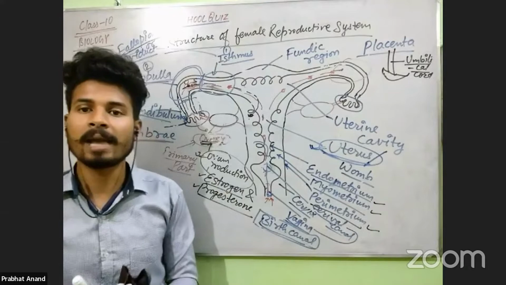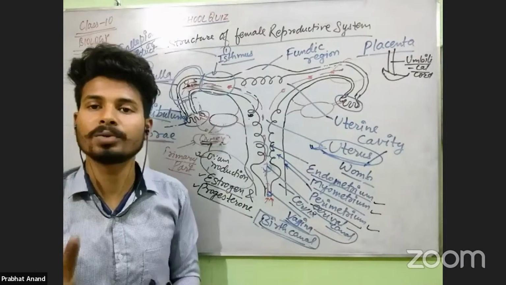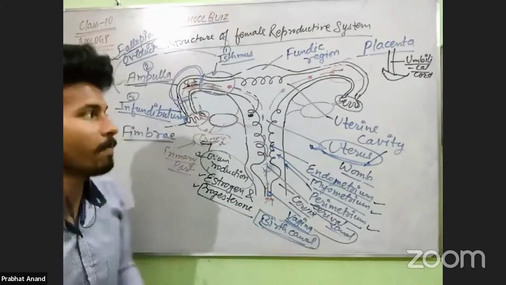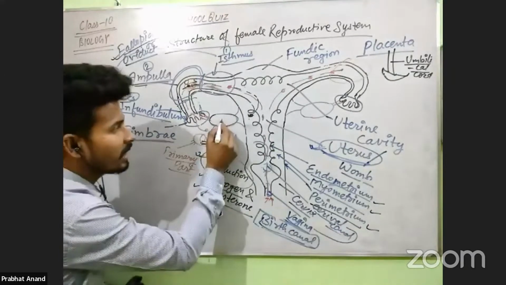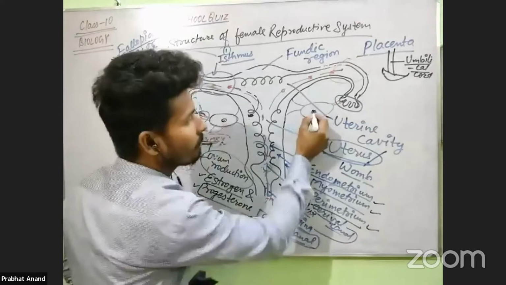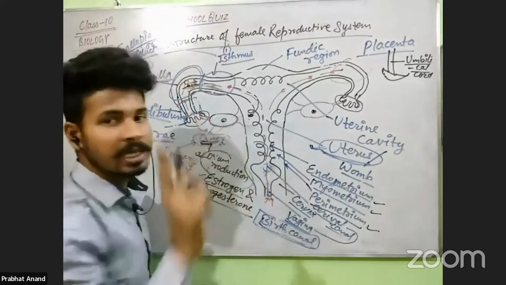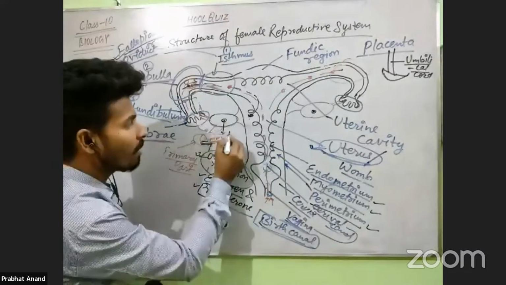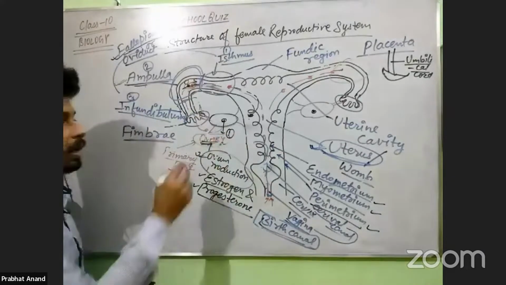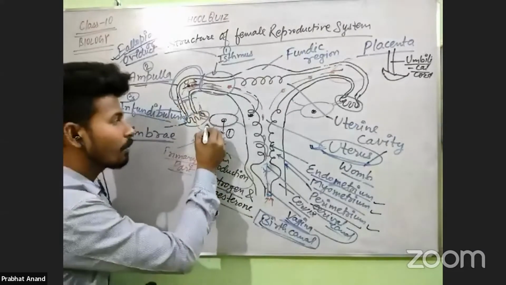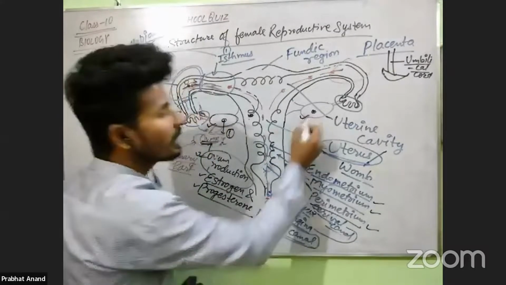In a single time only one ovary can produce an ovum. Please keep it in mind that if this ovary is working, this ovary will not work. Okay, so in a single time only one ovum can be produced, secreted out either from the left side or from the right side. Is it clear?